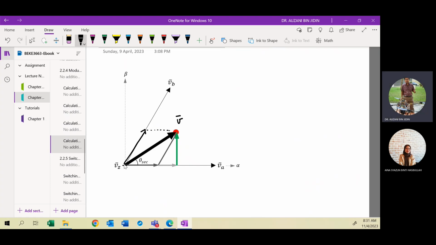This component vector is your vector VB multiplied by its ratio, where its ratio is TB divided by T. You have to take note that the ratio TB per T is always less than 1, because your T is the summation of TA plus TB plus TZ. So when you multiply the ratio with VB, whose magnitude is 2/3 VDC, the length here will be shorter compared to the VB here. The length depends on TB, the time taken to apply VB.